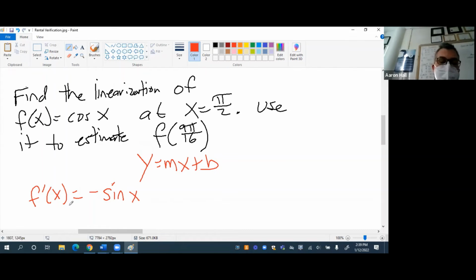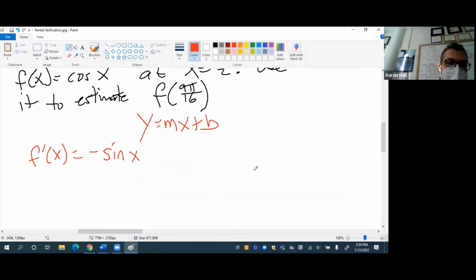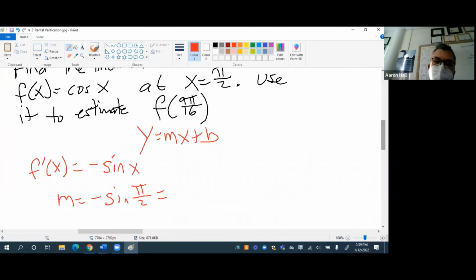All right, so I want to specifically know the slope when x equals what? Pi halves. So I'm going to plug that in. So my slope then is negative sine of pi halves, which is what? Does anybody know?